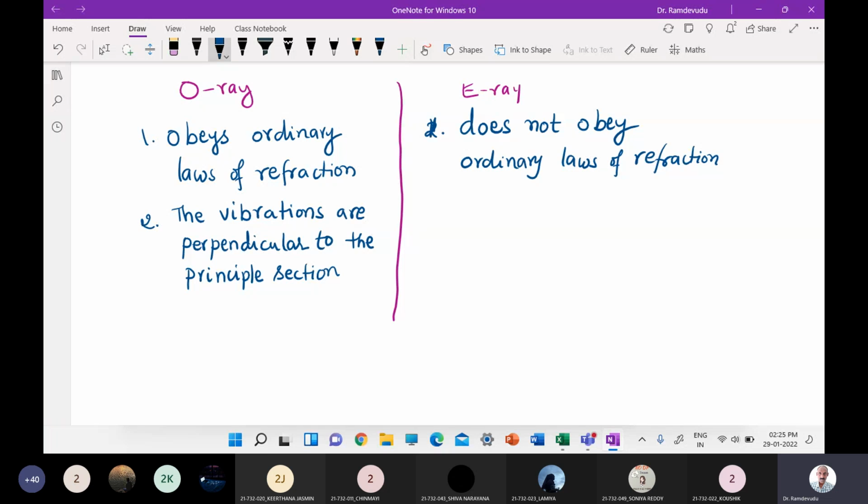So this is 1 and this is 2. Two is vibrations of E vector of E ray.